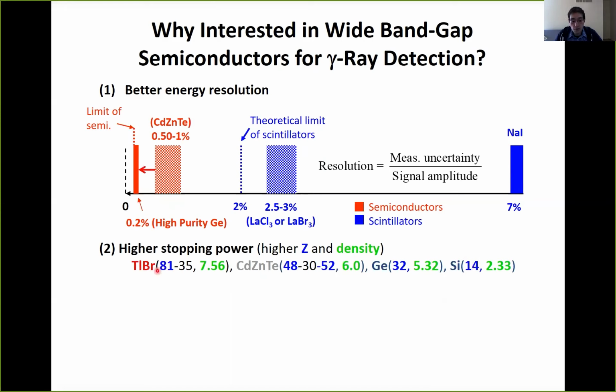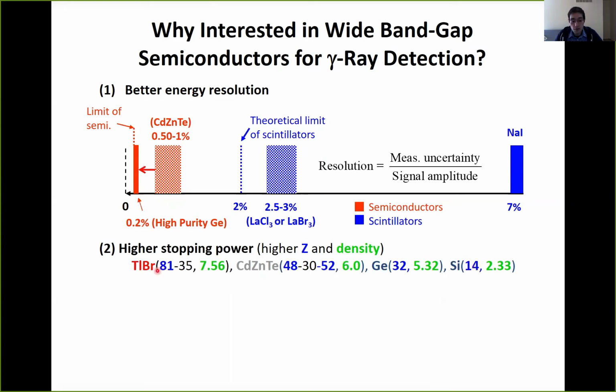Another reason why we want wide bandgap semiconductors, instead of just any other semiconductor, is because we don't need cryogenic cooling. The germanium detector, or the high purity germanium detector, which, again, is the gold standard used by a lot of research groups, needs to be cooled down with liquid nitrogen, right? That is 77 Kelvin, 200 below 0.